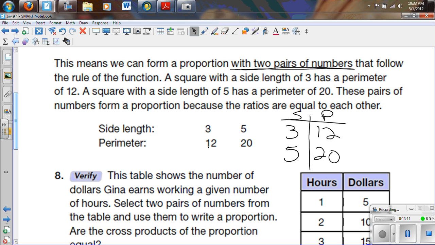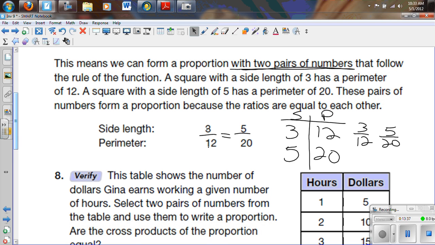And so we need to look and see at the proportion for each of these and whether they're equal. Well, 3/12 is 1/4, and 5/20 is 1/4, so they are proportional.